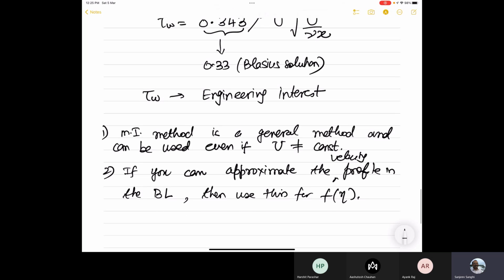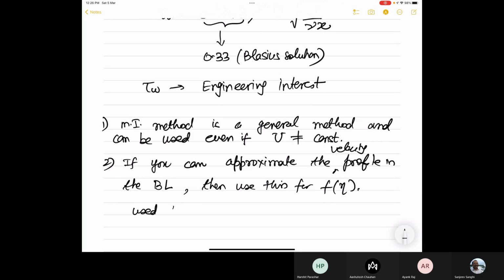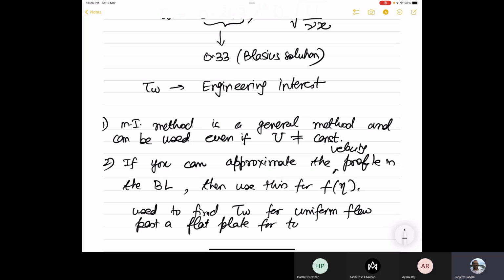And such a solution is used to find shear stress for uniform flow past a flat plate for turbulent flow.